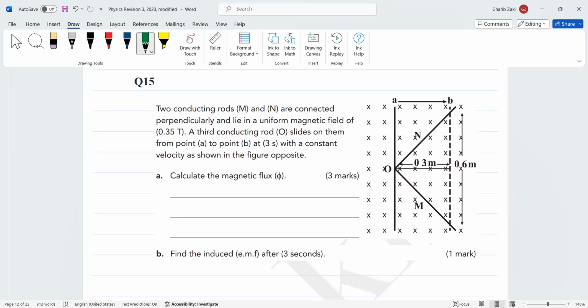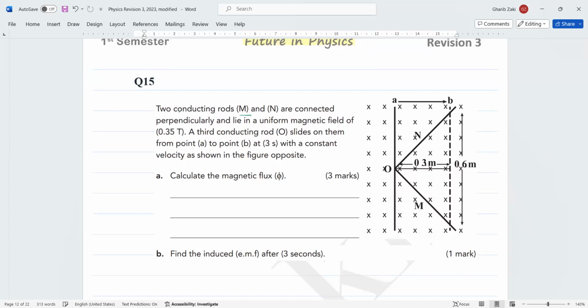He said, two conducting rods, M and N. So this is M, and this is N, okay? Lie in a uniform magnetic field, this is B. A third conducting rod O, so this is O here. It slides on them, then we have a movement of O at a constant velocity.